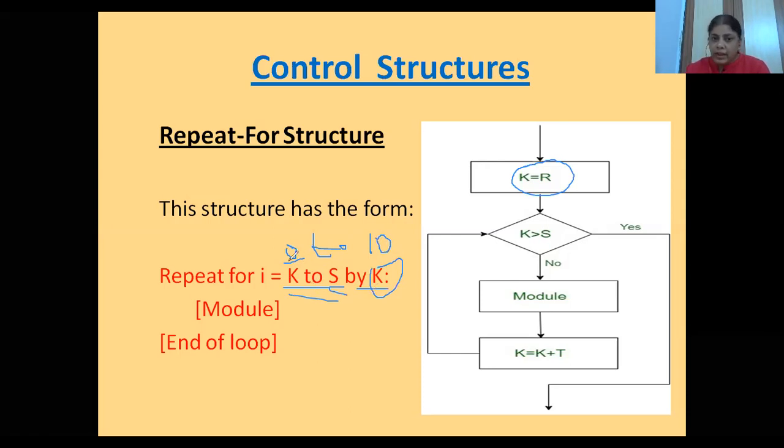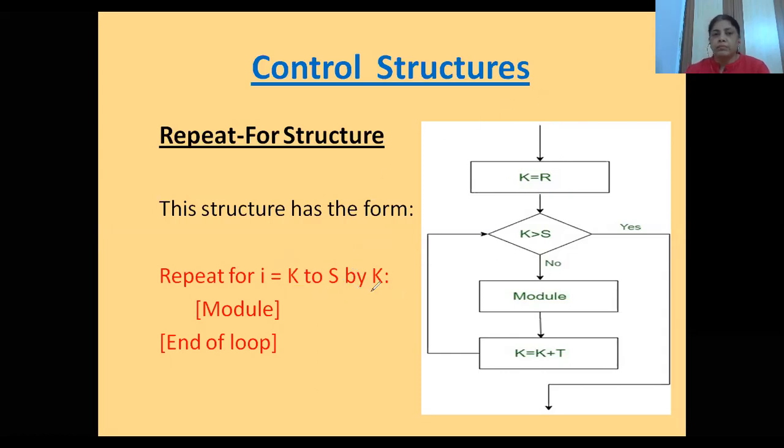So if you write in a simple way, repeat for I is equals to 0 to 10 by 1. See, in this, if you are incrementing your loop by 1, then there is no need to write this line by k. It is automatically incremented by 1.